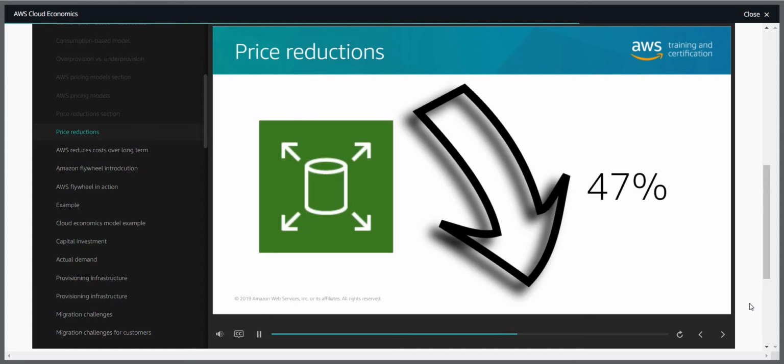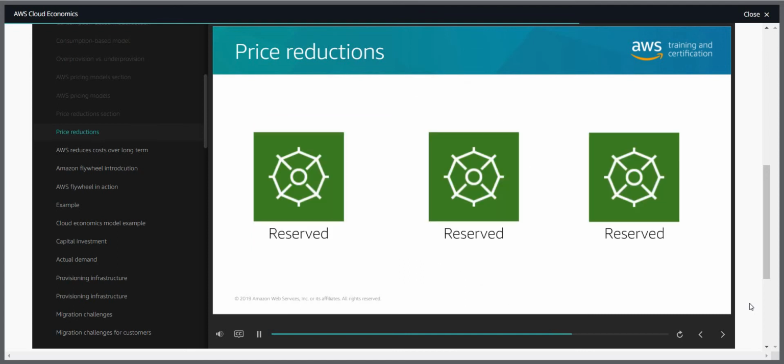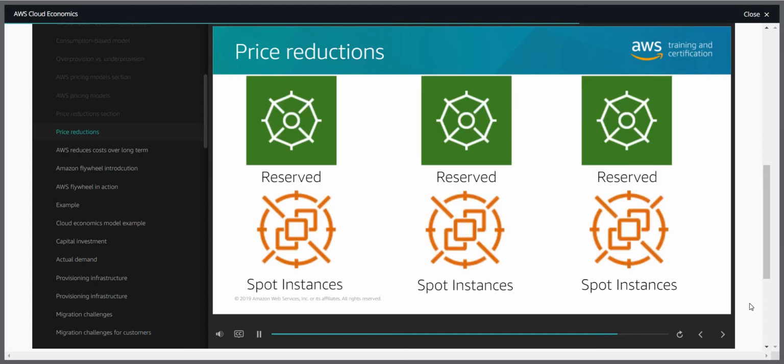Likewise, when AWS reduced the price of Amazon Elastic Block Store, or EBS, snapshots by 47%, customers saw a similar immediate impact. One exception to price reductions is reserved instances. RIs are already heavily discounted, with prices accounting for forecasted future discounts. With planning, your customers can benefit from both worlds, which you'll learn more about later.